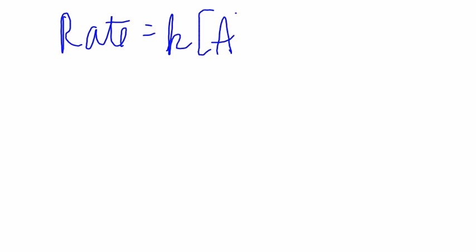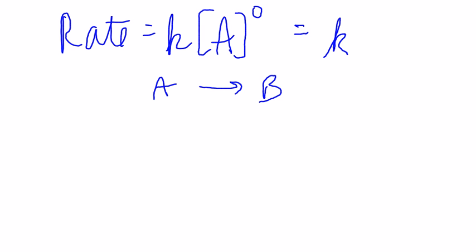So for any generic reaction, rate is equal to K times A to the 0. That A to the 0 tells us that if this reaction is, for example, A transitioning to a different substance B, it is independent of A's concentration, because anything raised to the 0 power is 1, so this rate could actually be written as K, the rate constant for that reaction. If it's A going to B and it's independent of A's concentration, how could this even happen?